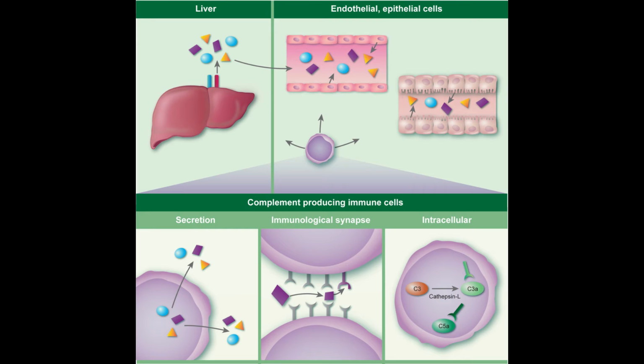C5 convertase, consisting of C4b2a3b, splits off a 74 amino acid piece known as C5a, and C5b attaches to the cell membrane, forming the beginning of the MAC.